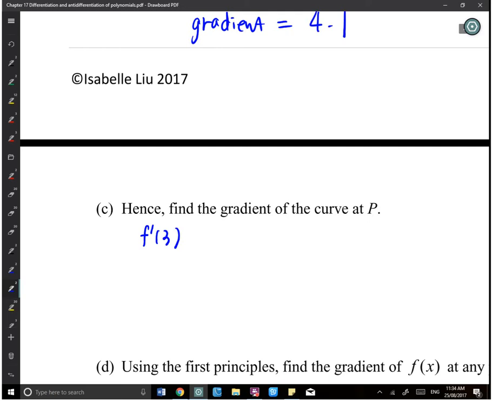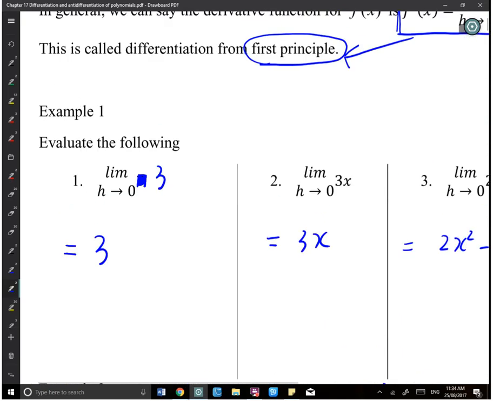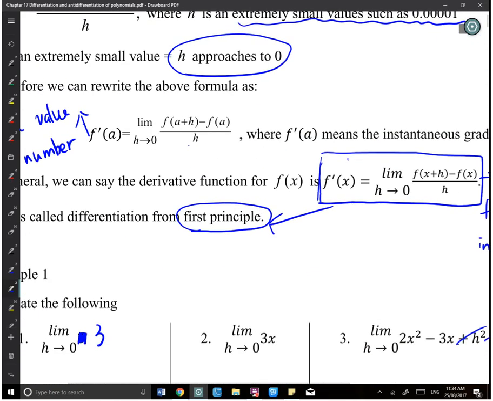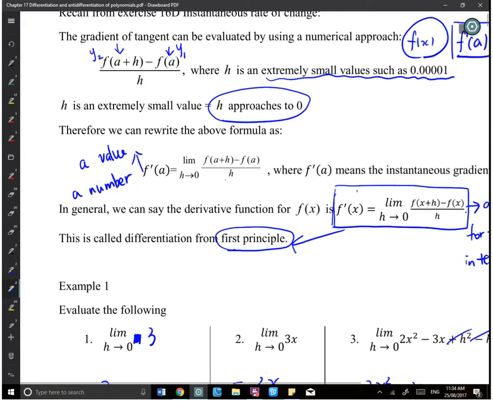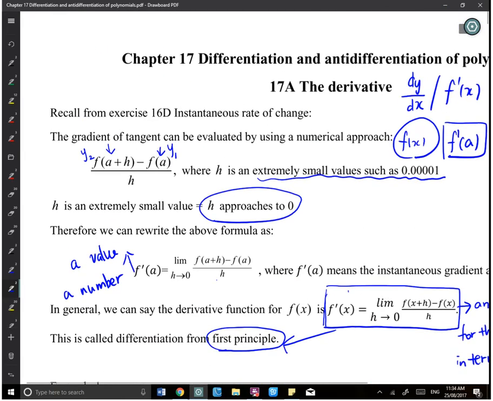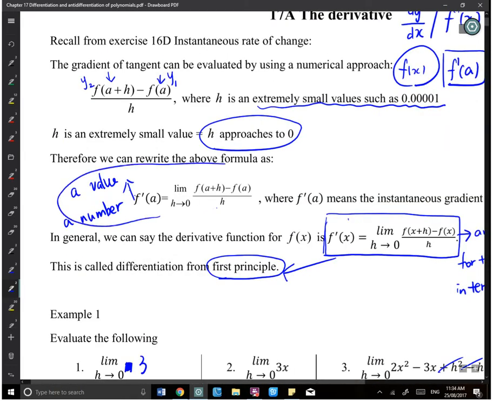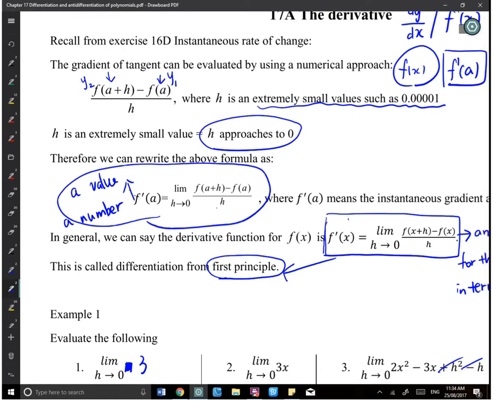So have a think about the formula we have. We haven't learned 17b yet, so assume you don't know how to do the derivative, but think about the formula above the first principle, this formula here. It's similar to first principle, but it's not actually first principle.